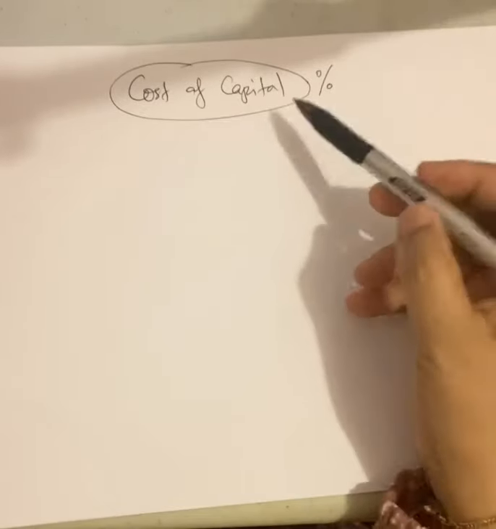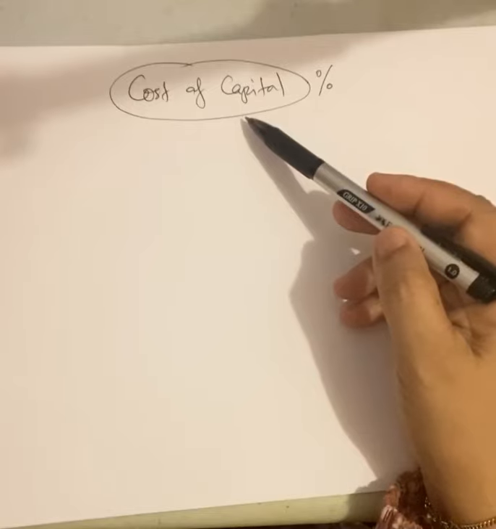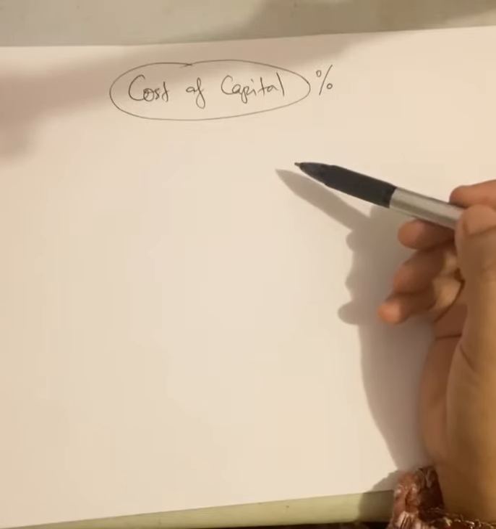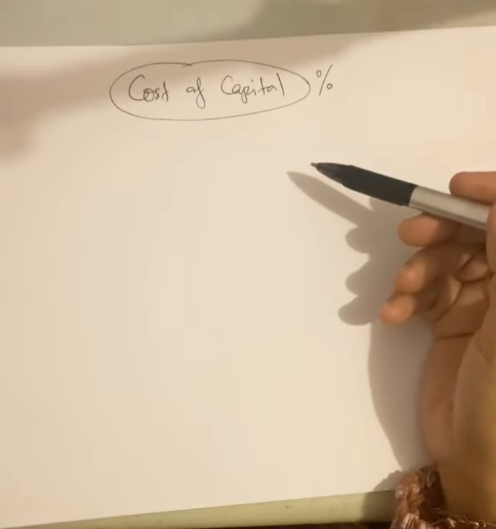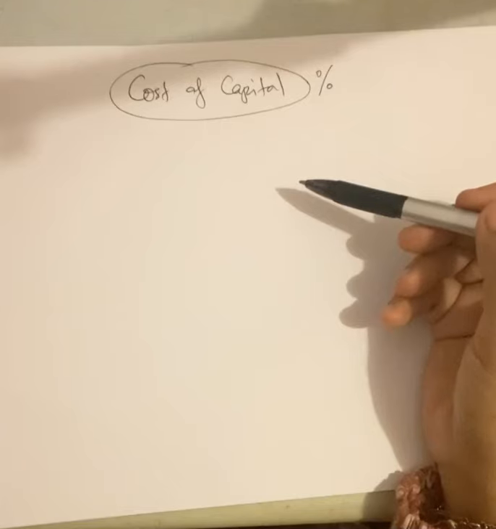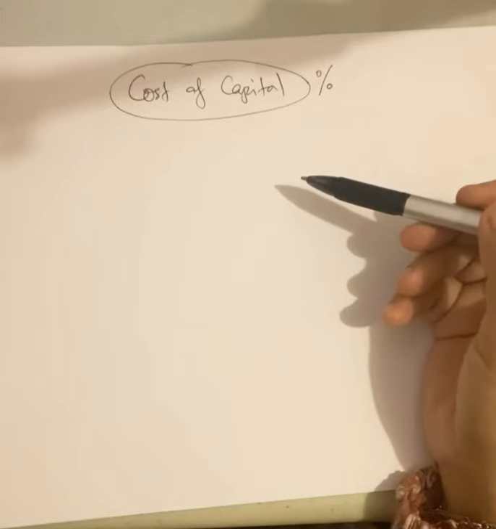So this represents the overall cost of financing to the firm, which includes the cost of debt and the cost of equity. It is also the required rate of return that the firm must at least earn to cover the cost of raising funds from its investors.